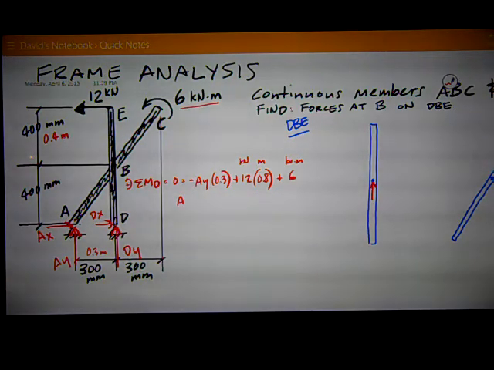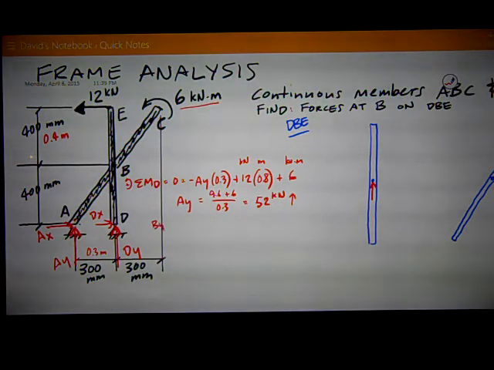I get AY is equal to 9.6, which is 12 times 0.8, plus 6, it's going to be 15.6, divided by 0.3 is going to equal 52 kilonewtons, in the direction that I assumed on my free body diagram.